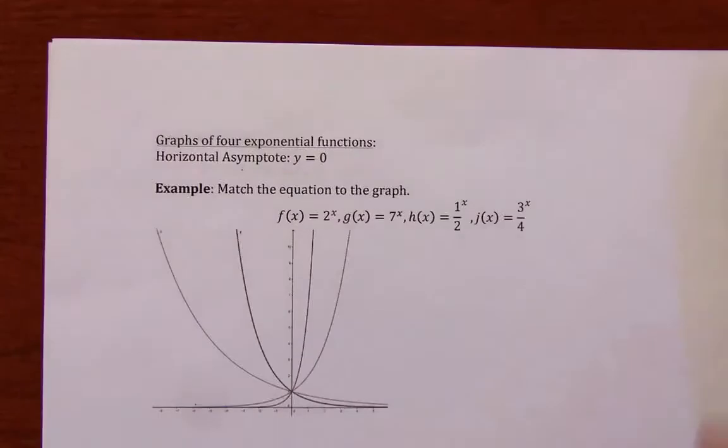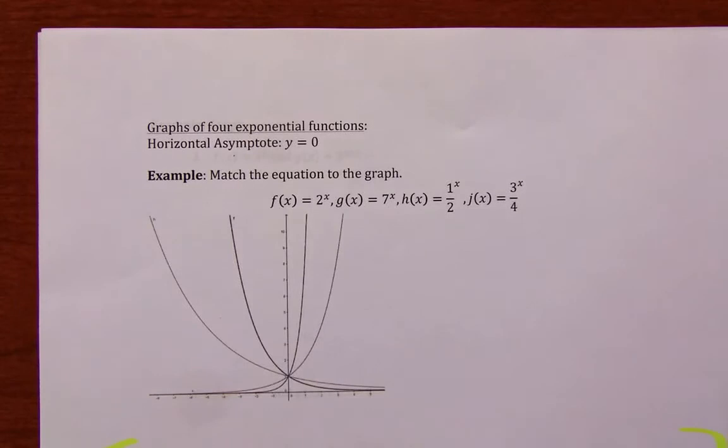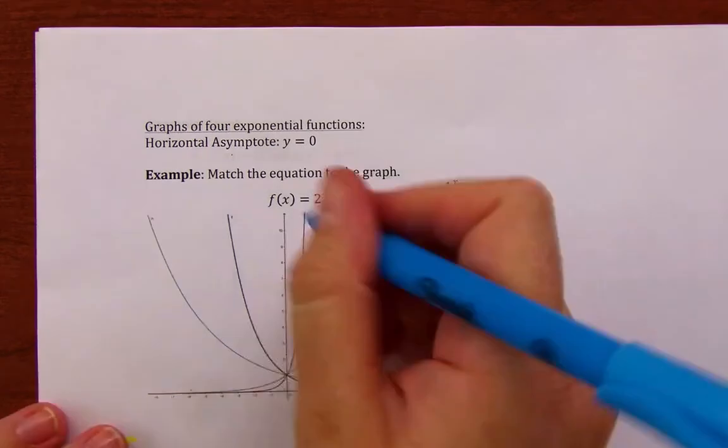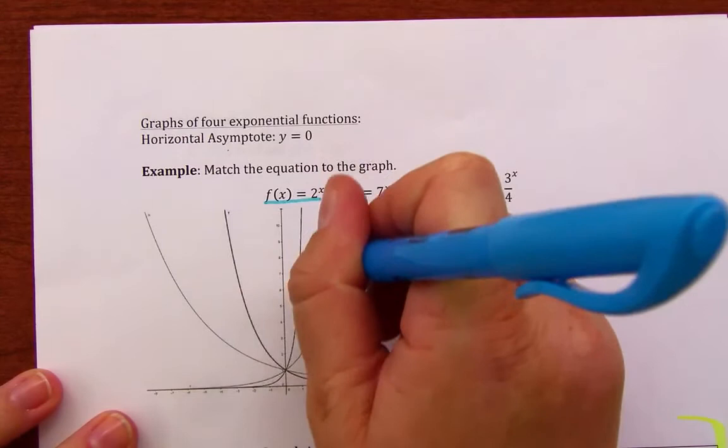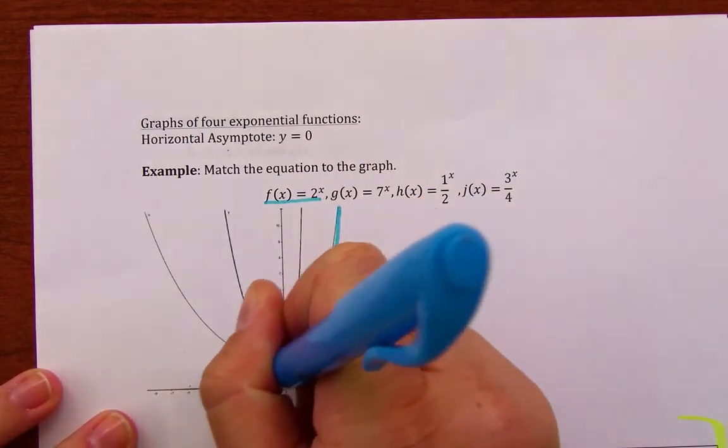Let's go ahead and move to the next page, and we can look at some more information that we have here. Now, I'm going to use a few different color highlighters here to model these functions here. I have f of x equals 2^x, and that's going to be this graph right here.